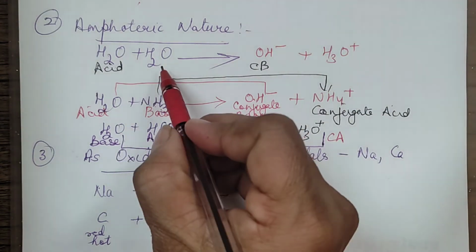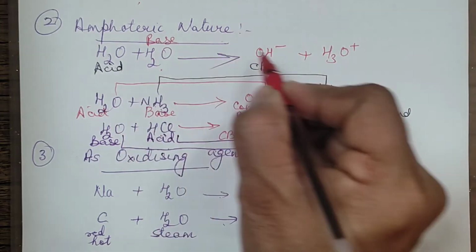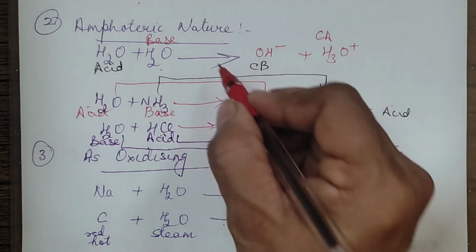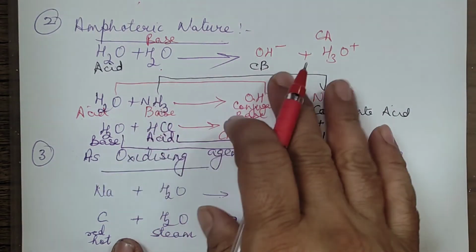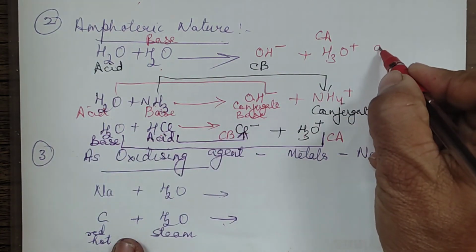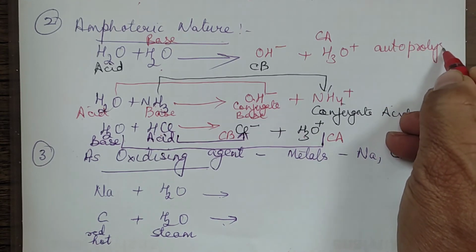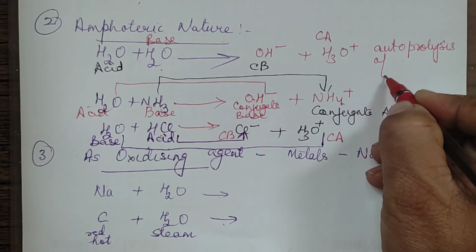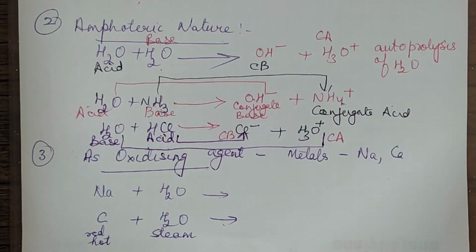Same with this one that has gained. So this is acting as a base and this is acting as a conjugate acid of water. So this particular equation which we are writing here, where water is gaining and water is losing, is called autoprotolysis of water. It means water itself has taken proton from another water molecule. So it is autoprotolysis. From each other, when one is giving, another is taking.